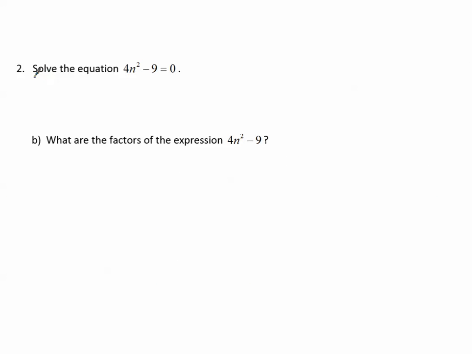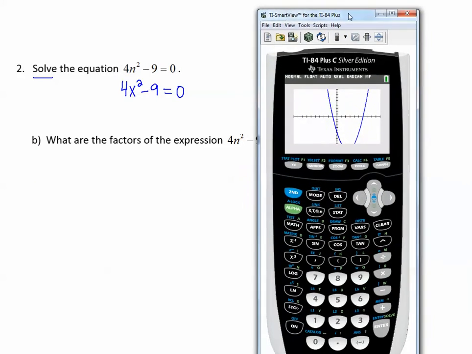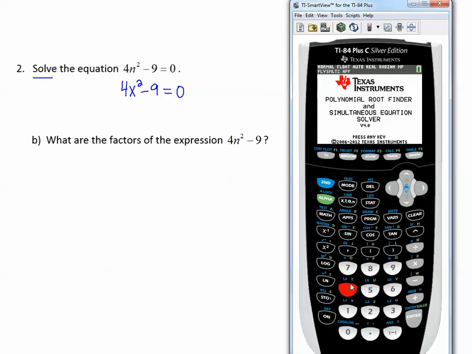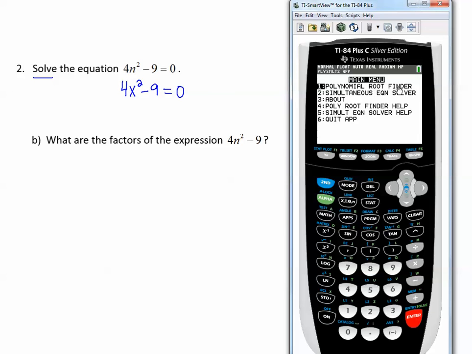Number 2, solve the equation 4n squared minus 9 equals 0. So because this is equal to 0, we could use the quadratic app or graph it. We could think of this as 4x squared minus 9 equals 0. And let's go to the calculator and practice again how the zeros will help us solve this. So apps, fourth choice, root finder, because roots are solutions.